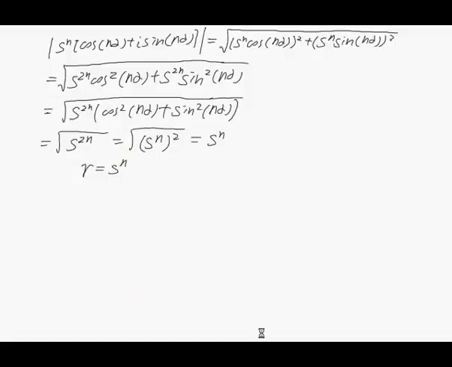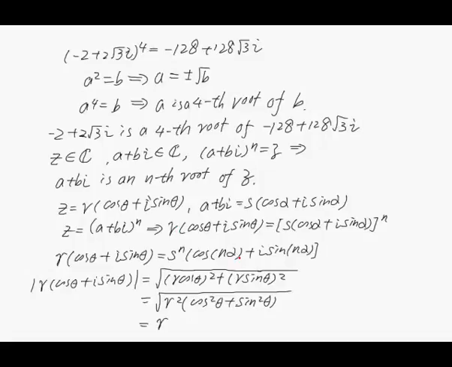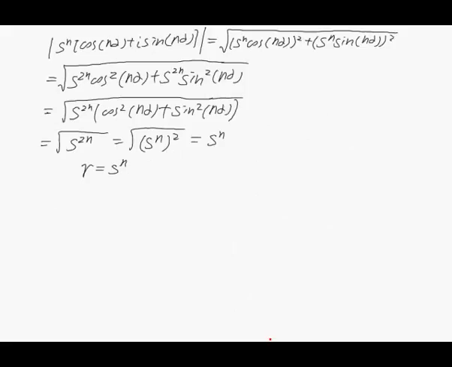Actually, I just take the moduli of both sides. They should have the same moduli. And then from here, you can find s. The modulus of the nth root of this complex number z is equal to the nth root of r. Because here, s is positive, right? We just take the positive nth root of this r.